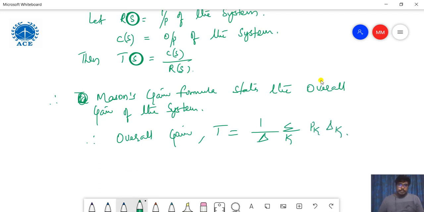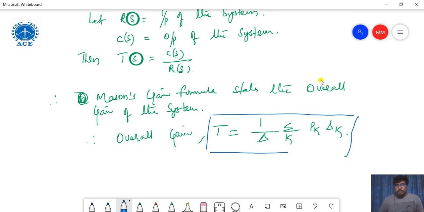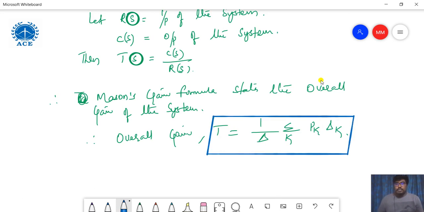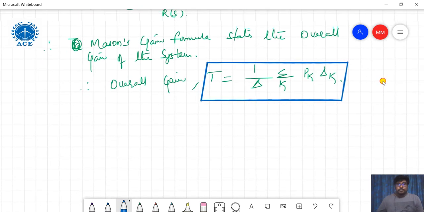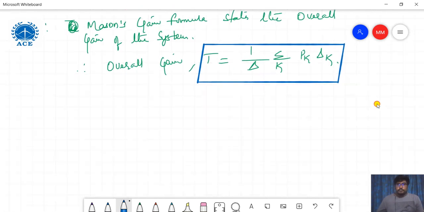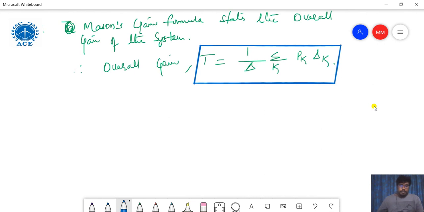This is important. This is Mason's gain formula, where you can write k is equal to 1 to n.